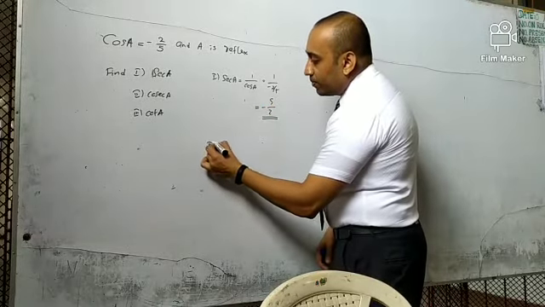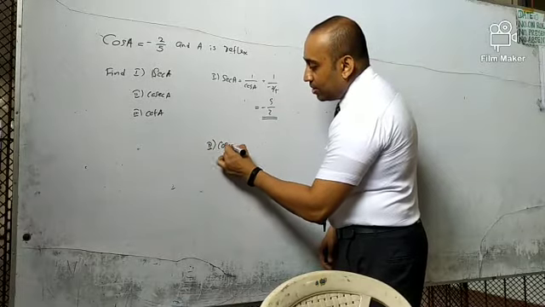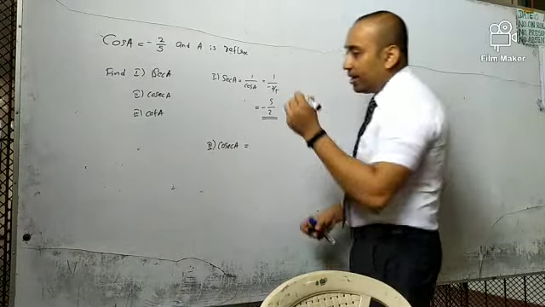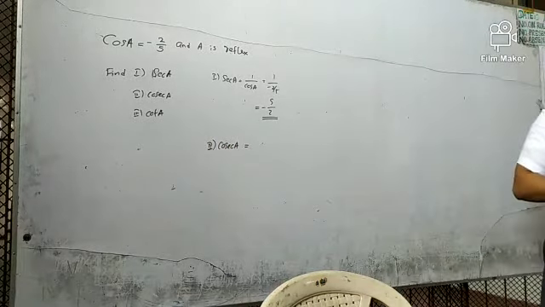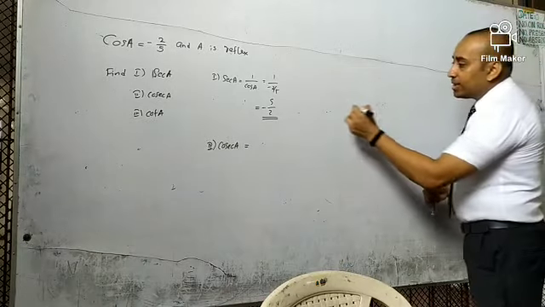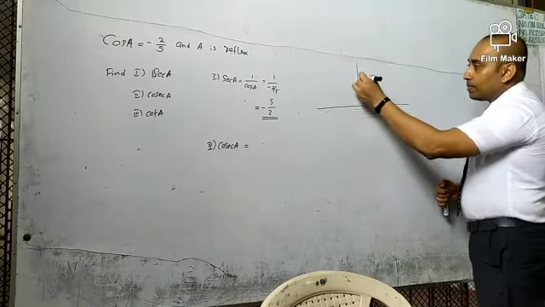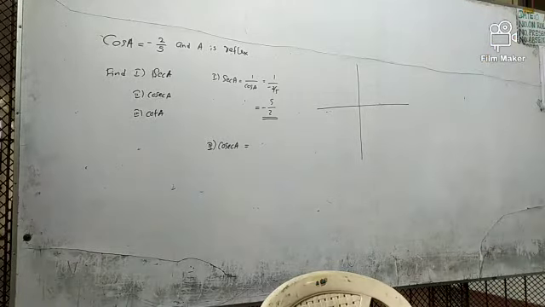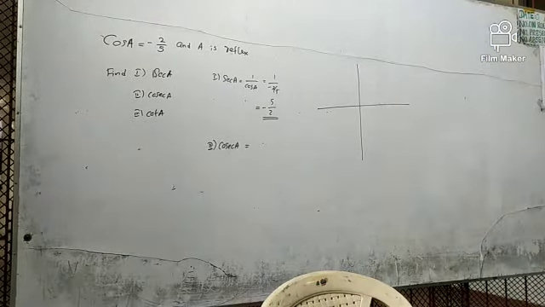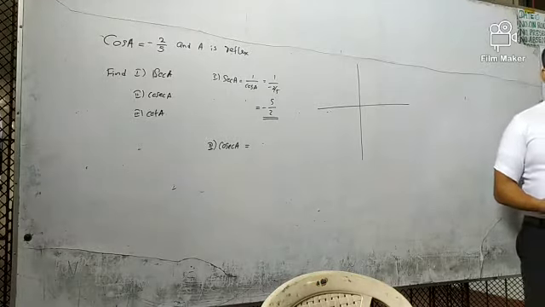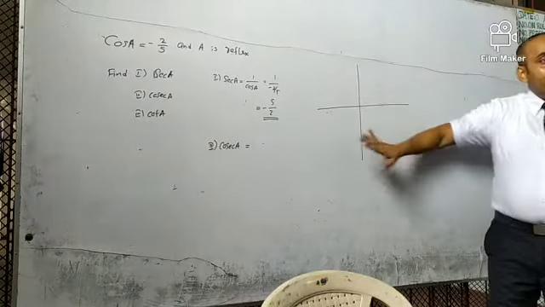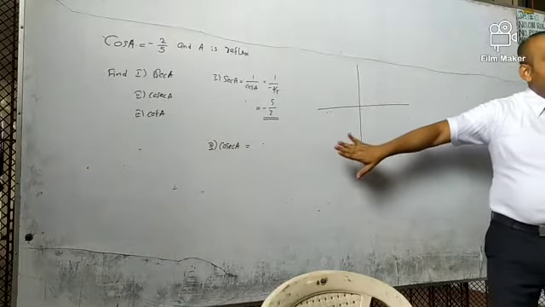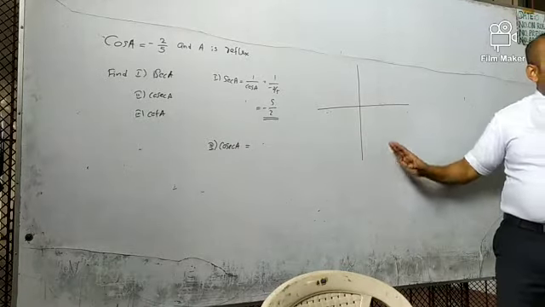Part 2 is cosec A. Right. Now let's see how to do this question. They mention cos A is minus 2 over 5 and reflex. Reflex is this one and this one, both considered to be reflex.